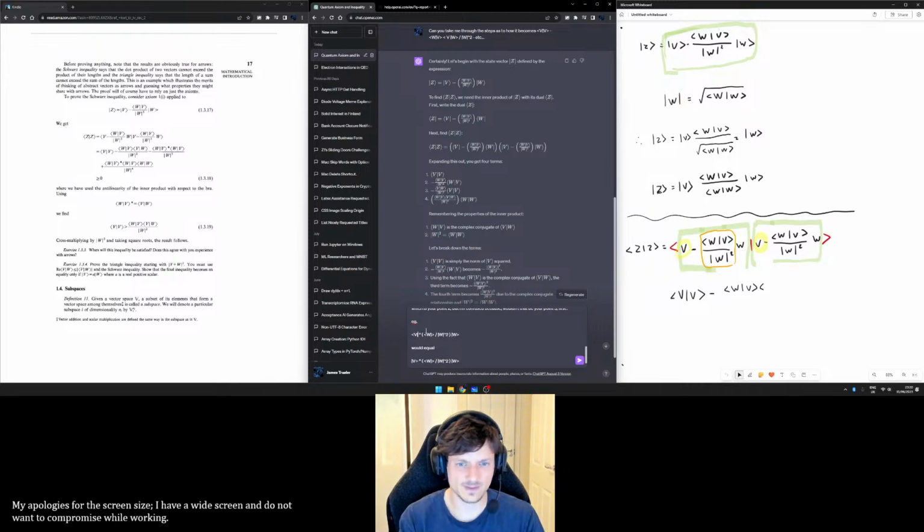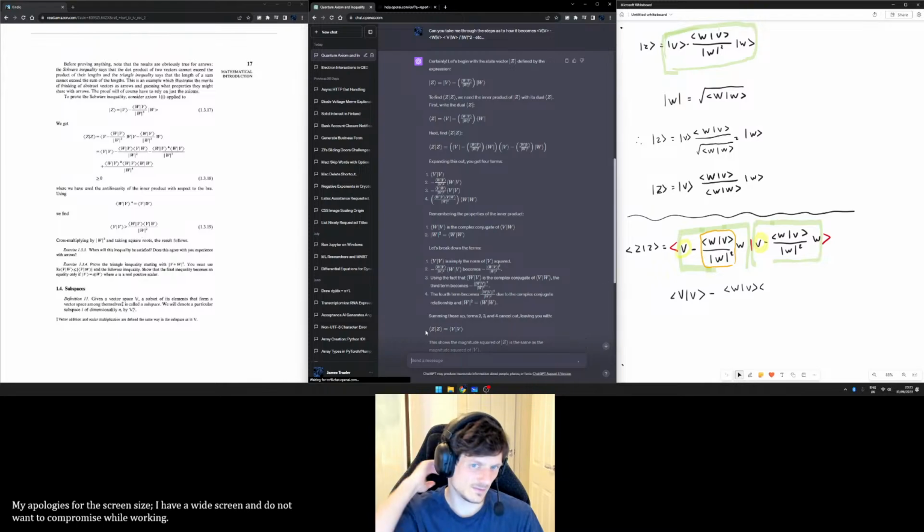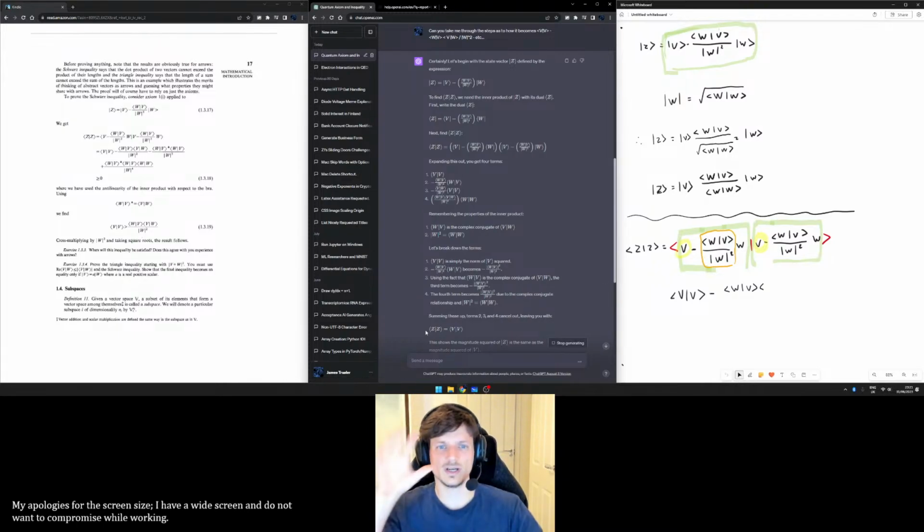That one there would equal V W, and this is a minus. Like that. VW minus that. So let's just double check, because I just want to make sure I understand why it's changed the order there.